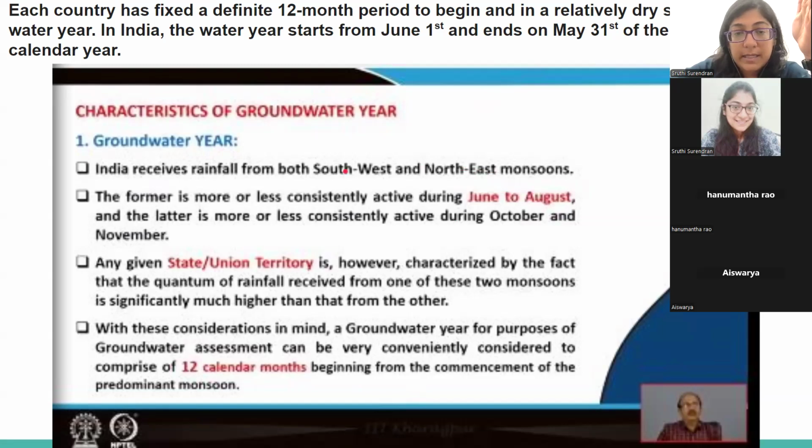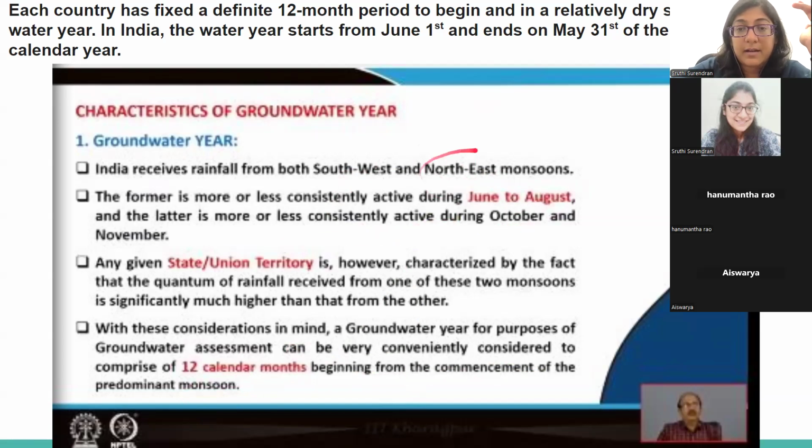Those regions that obtain rainfall as a result of the southwest monsoon will have a groundwater year of 12 calendar months beginning from the commencement of the southwest monsoon, from June 1st to May 31st.